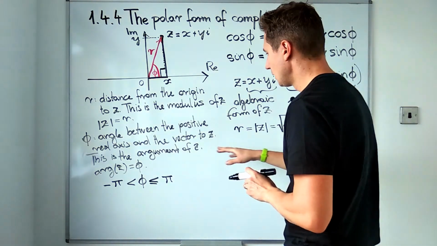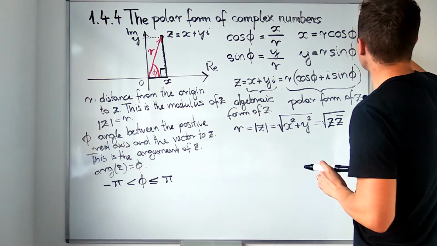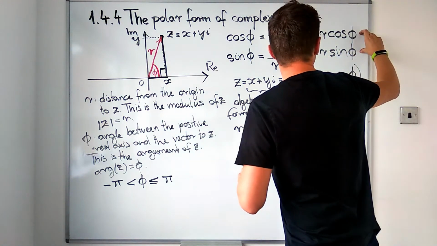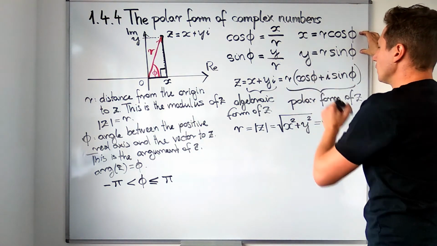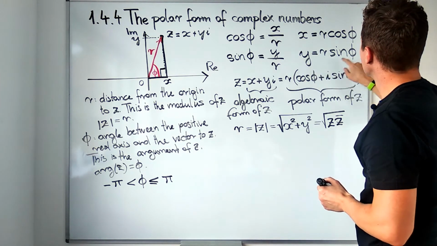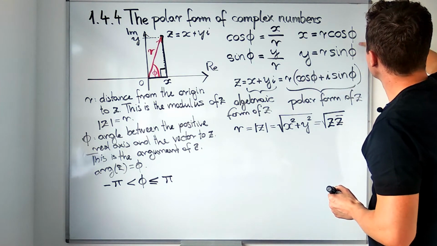Now what about the angle phi? We can use these relations to get to phi and express it using x and y. All we have to do is divide the second relation by the first one.